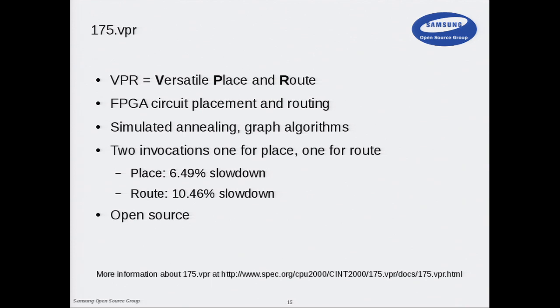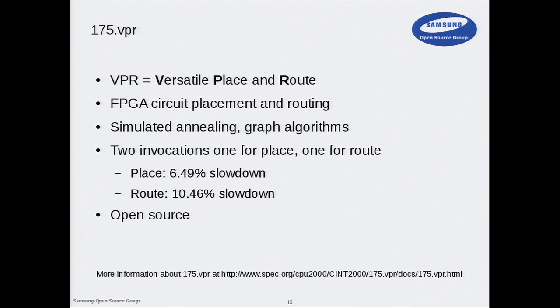Internally, the placement is done by doing a random initial placement and then just refining it with simulated annealing. The routing is done with standard graph algorithms, in particular a variant of the classic Dijkstra algorithm.